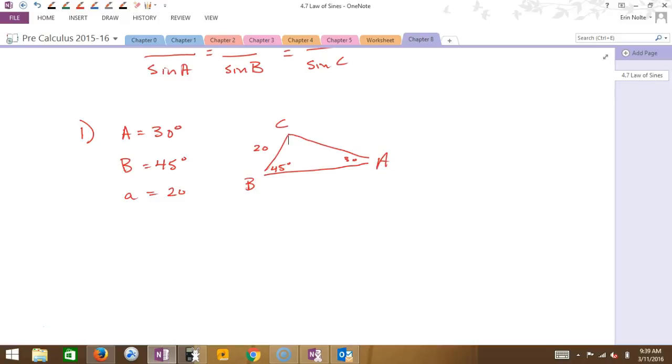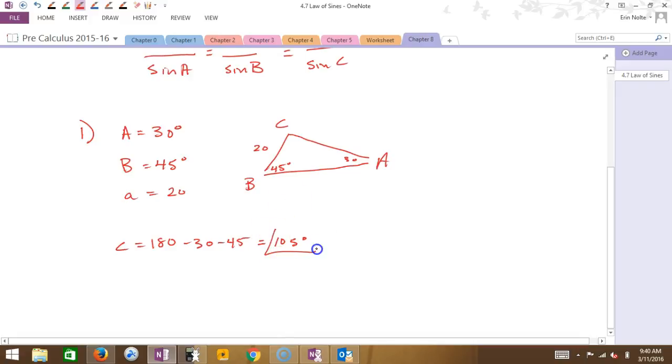What if those are added up to 180? There you go. So angle C is going to be 180 minus 30 minus 45. So we get what? 105? There we go. Perfect. One down.